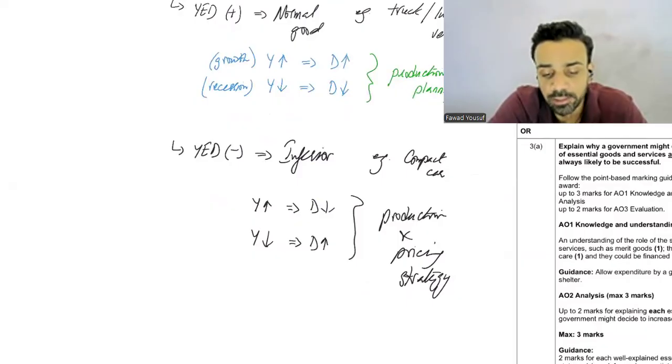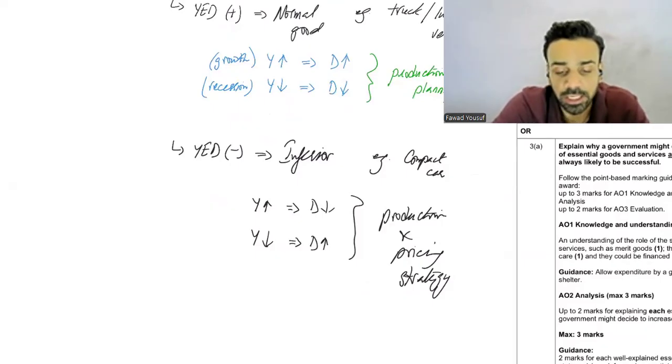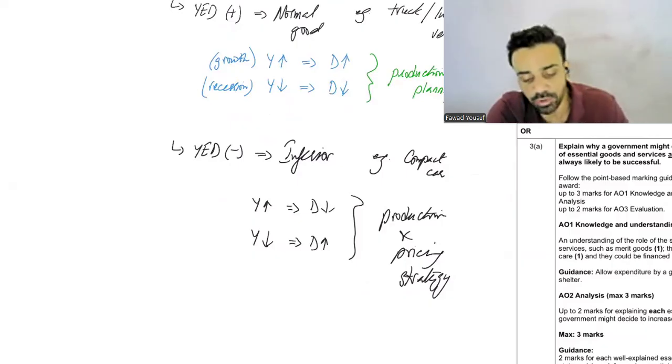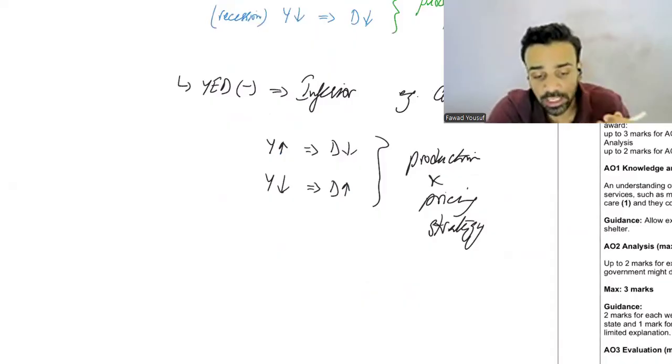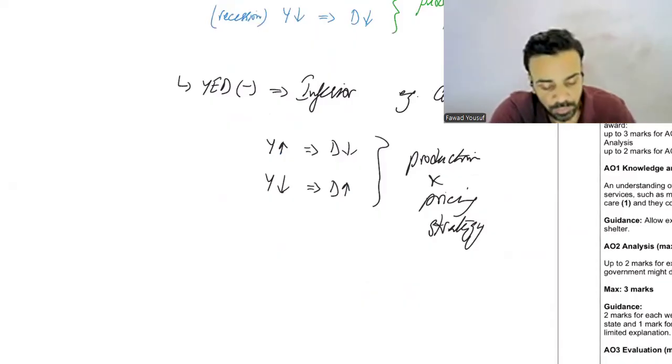By the way, YED की limitations are pretty much similar to what PED की limitations are, that you have to calculate the numbers and numbers cannot be considered reliable, positive, negative. Income to income vary करती है ना because of that.